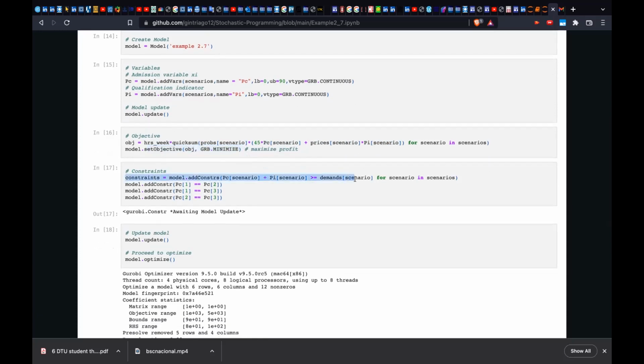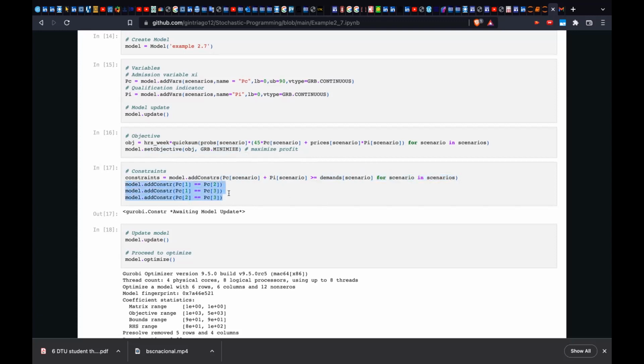Then we have the constraints. The constraint is similar to example 2.6, but now PC is indexed for each of the scenarios because we have PC1, PC2, PC3. So PC1 plus P1 has to be greater or equal than the demand in scenario 1, which is 110, and I'm doing that for all the scenarios. Those are the three constraints that you see at the beginning of the set of constraints in the problem.